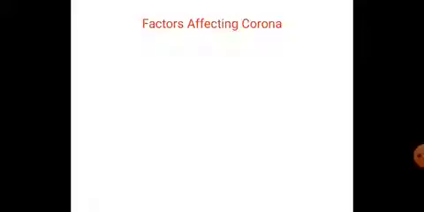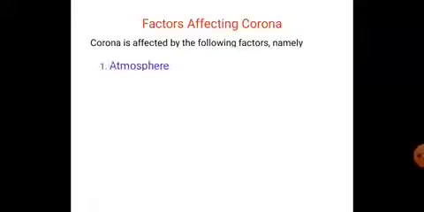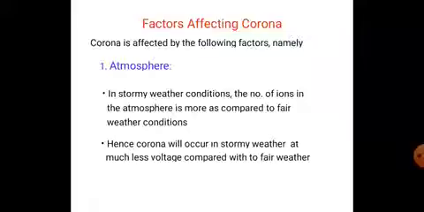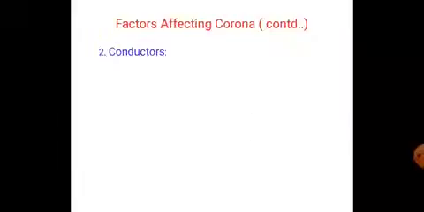These are the physical and atmospheric conditions. First one is atmosphere. In stormy weather conditions, the number of ions in the atmosphere is more compared to fair weather conditions. Hence the corona will occur in stormy weather at much less voltage compared with fair weather.